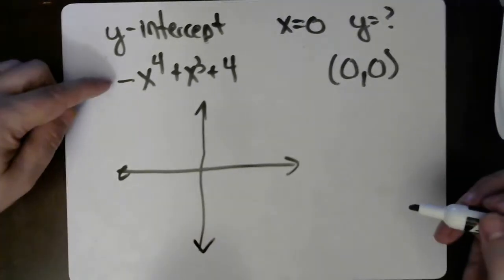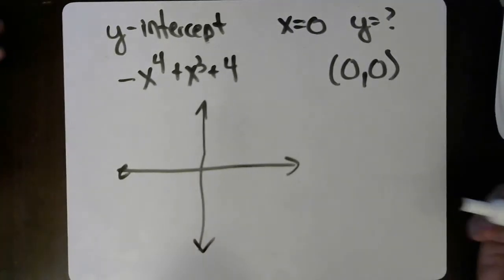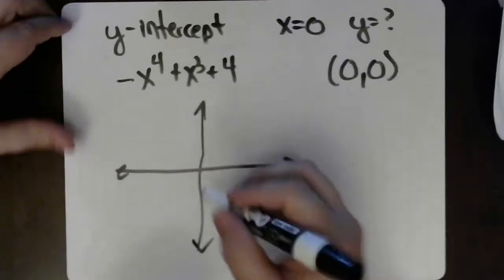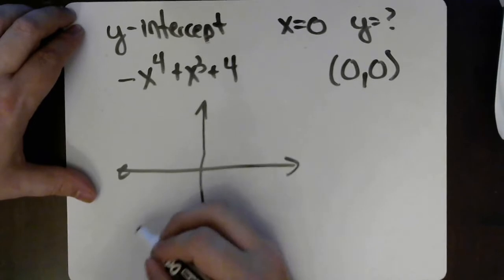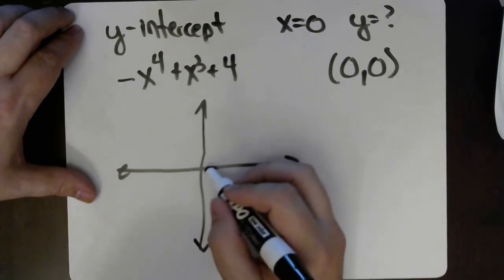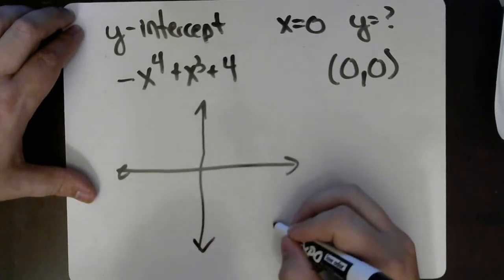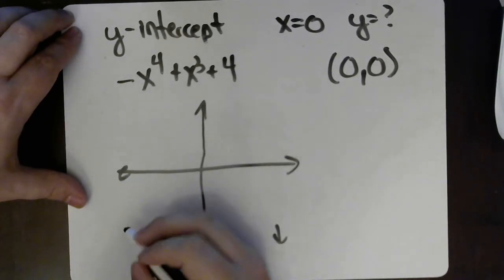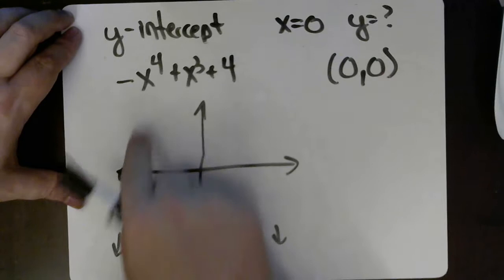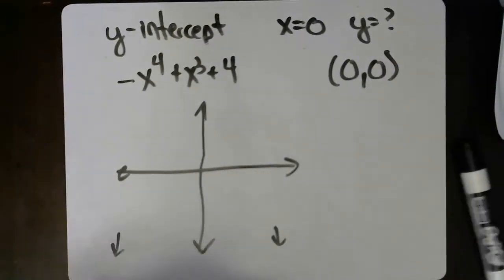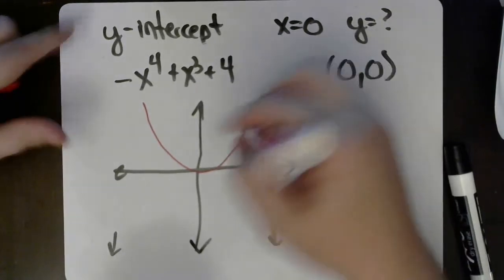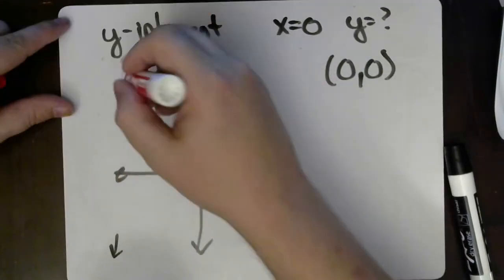It could be a negative 4x to the fourth, it could be negative 1, it doesn't matter. If that's negative, then it flips. So in this case our ending behavior, as x approaches positive infinity, y is going to be negative infinity. And as x approaches negative infinity, y is going to be negative infinity. Remember, just as a review, this is a parabola like this, but because of that negative, it gets flipped.